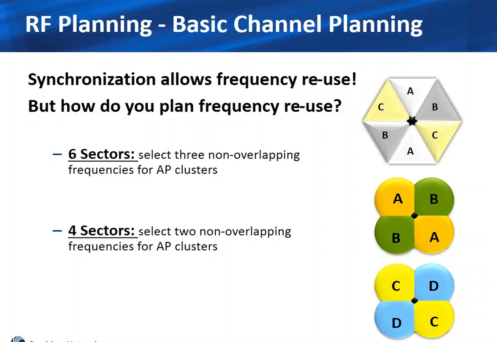If you didn't have synchronization, this would fall flat, as far as the interference that the two access points using the same frequencies on the exact same tower structure would cause. When they're transmitting unsynchronized, you will have significant, severe impact to the overall throughput that these radios are able to produce.